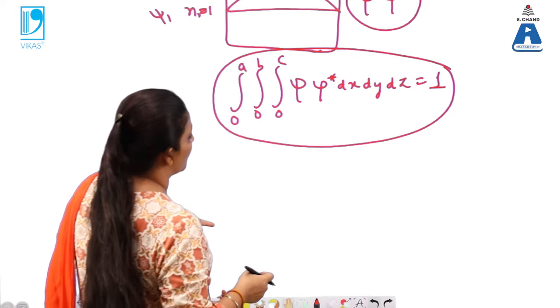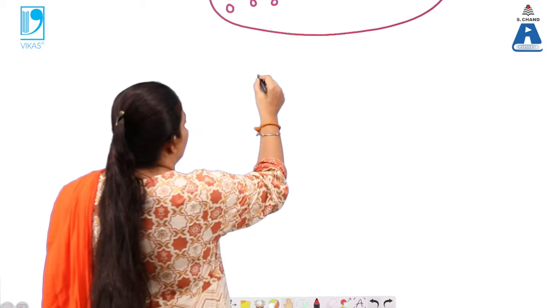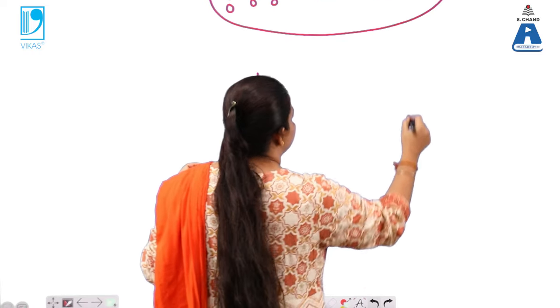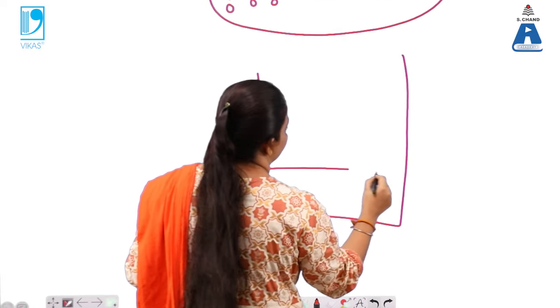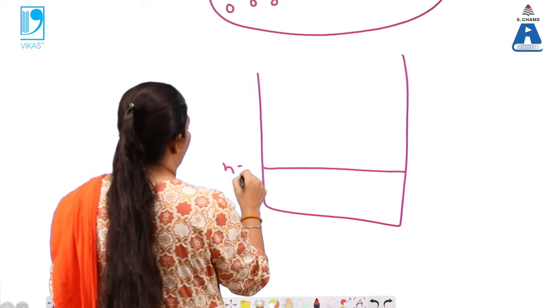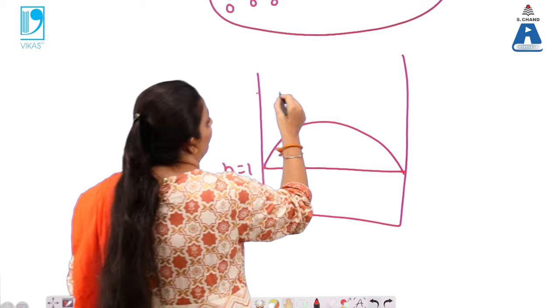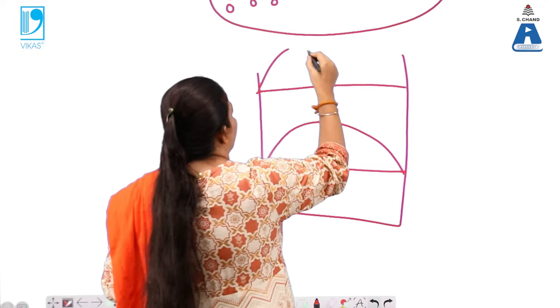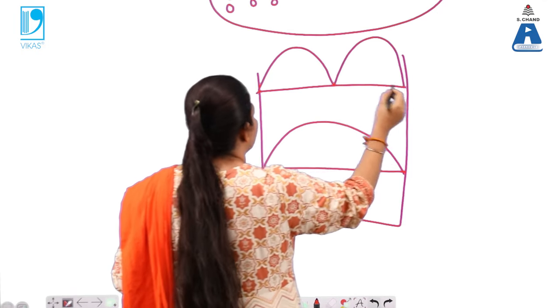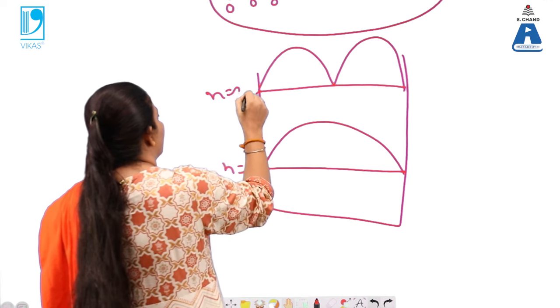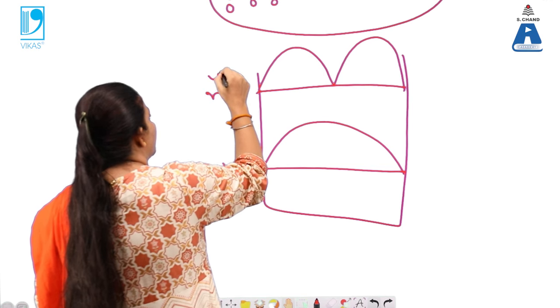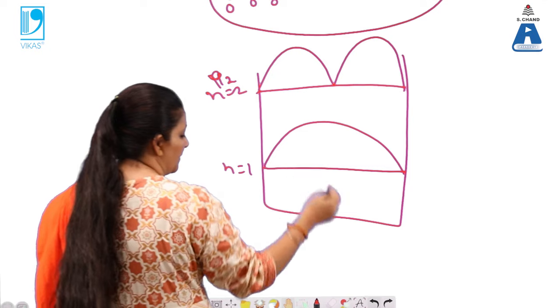Now on plotting this probability density function, we will get this for n equals to 2. In a similar way, this is psi 2, and you can see this is the probability P2.